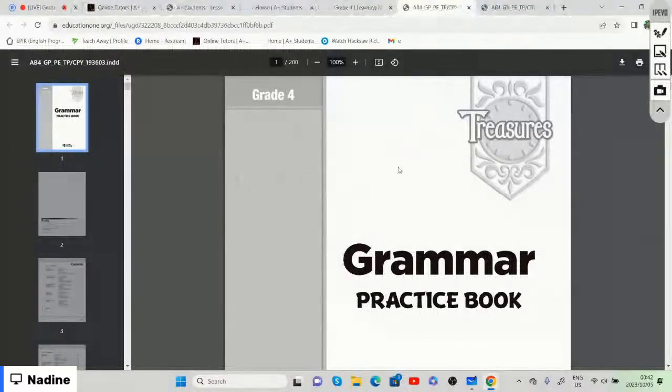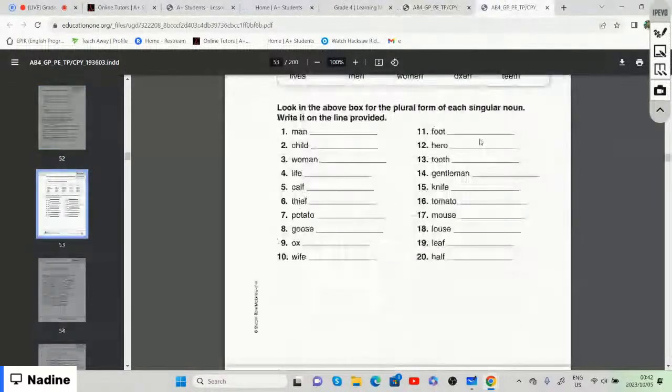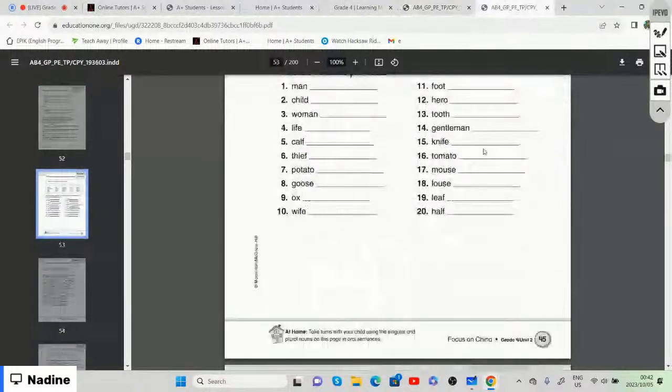All right, so once you have selected grammar practice workbook, you're going to scroll down until you get to page 45. We're going to do an activity in our grammar practice book on page 45.